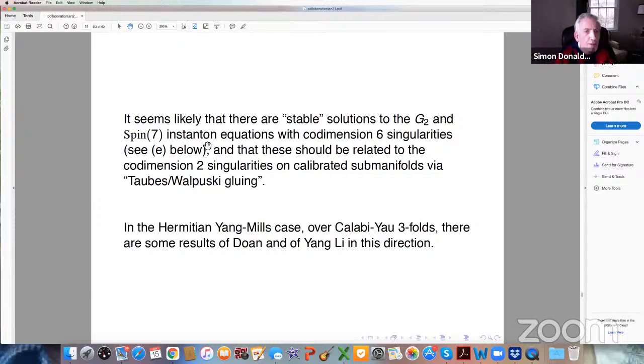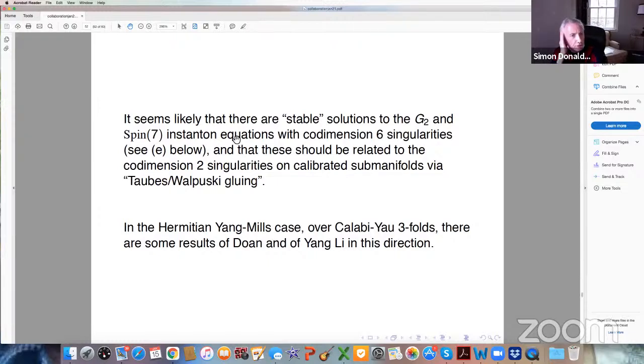Well, maybe there won't be time. There's work of Yanqi Wang about this that I will maybe get to talk about more in the last section, but maybe not. It also seems likely, though there is a lot of work to do to prove it, that such codimension 2 singularities in the higher dimensions, in dimensions 6, 7 and 8, should be related to the kind of codimension 2 singularities studied by Taubes and others, where one considers, as it were, instanton bubbling over codimension 4 submanifolds.